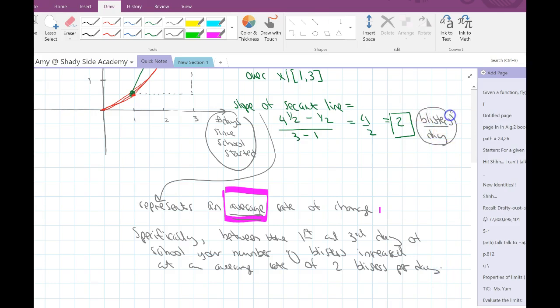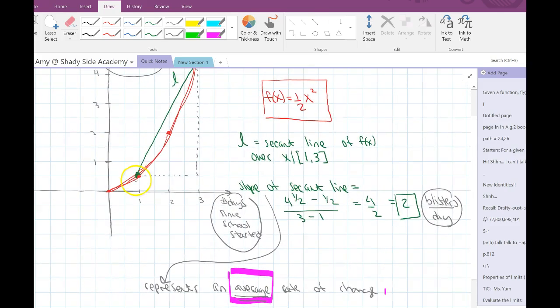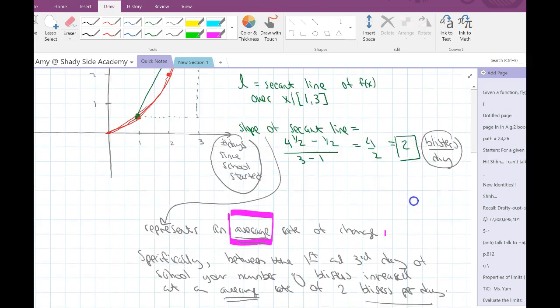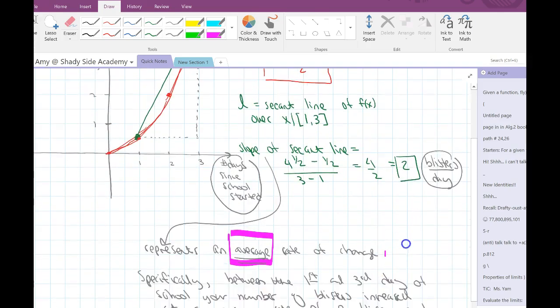Note the units: blisters per day. Average rate of change. Average, because from day 1 to day 2, for example, you gained 2.5 blisters. That's very odd. From day 2 to day 3, you gained 2 blisters. But on average, between day 1 and day 3, the number of blisters on your writing hand increased by 2 blisters per day. Average rate of change.